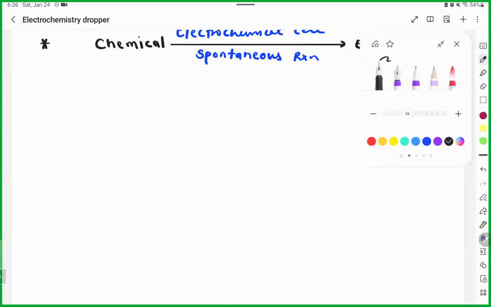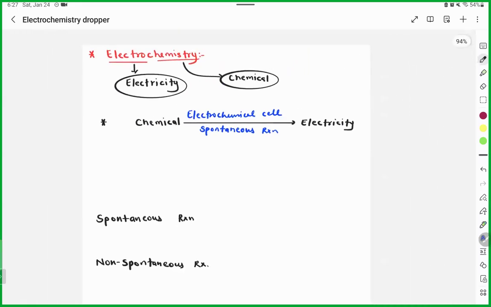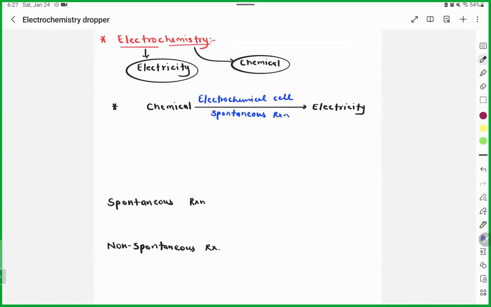So we have two types of reaction. One is spontaneous reaction and second is non-spontaneous reaction. What happens in these two reactions?